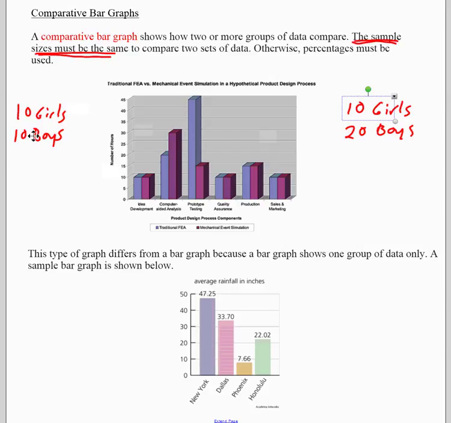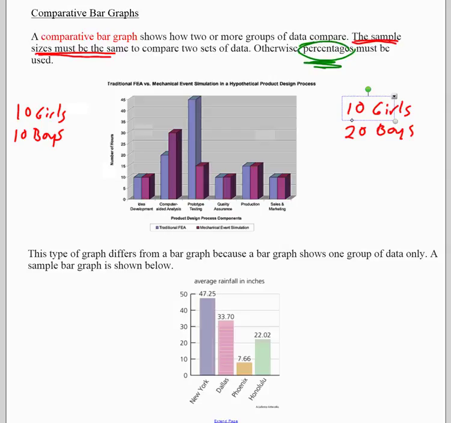Here, if we said that 8 girls' favorite color was green, but 12 boys' favorite color was green, we can't say that more boys like green, because 8 out of 10 is a very different number than 12 out of 20. So what we have to do in this case is use percentages.